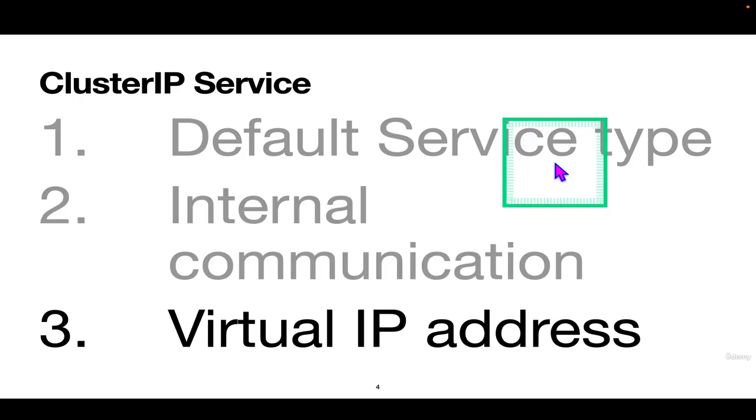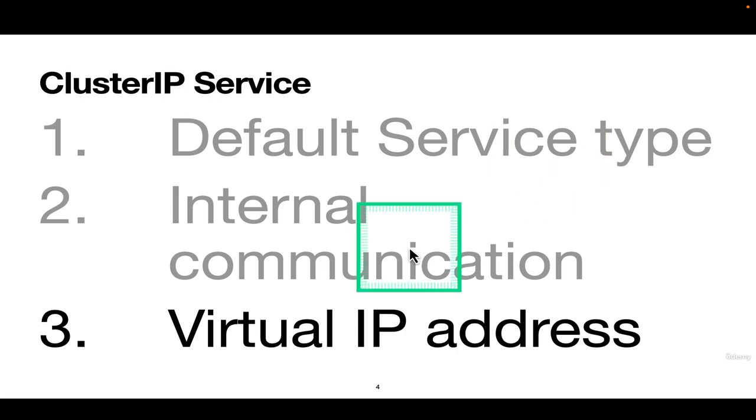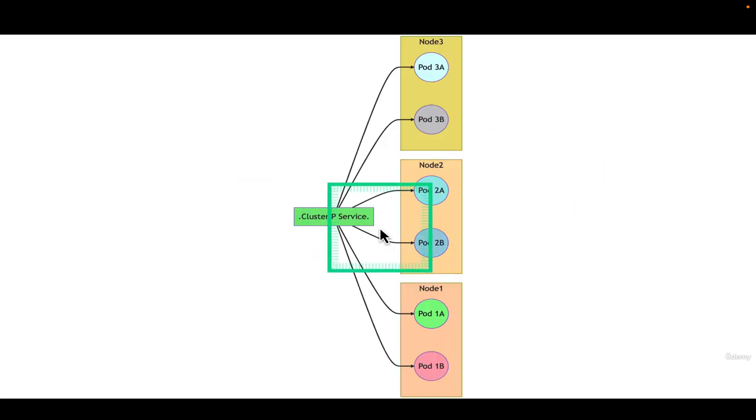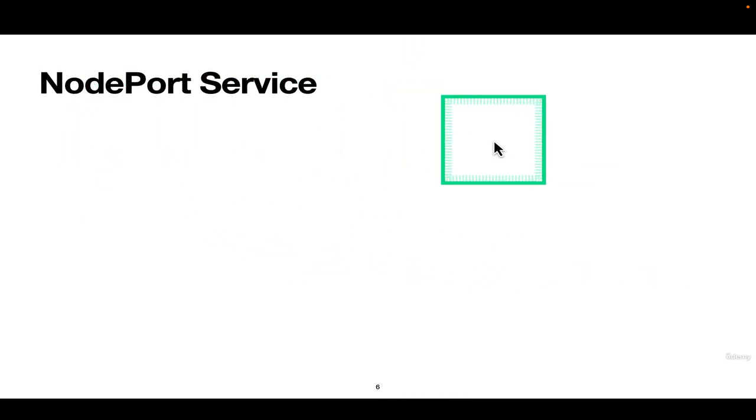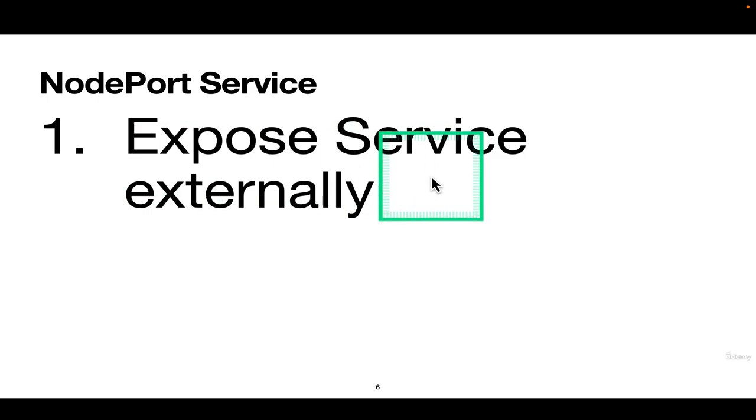Virtual IP address: a virtual IP address is assigned to the service, which distributes traffic to the pods based on the configured policy.